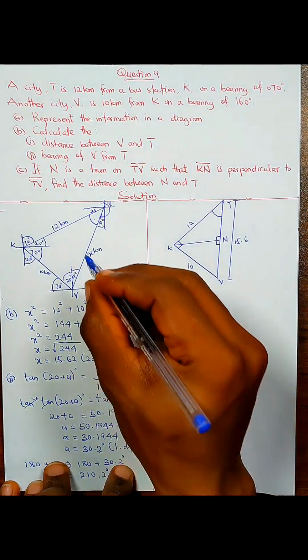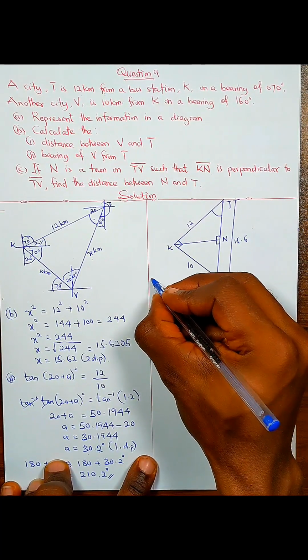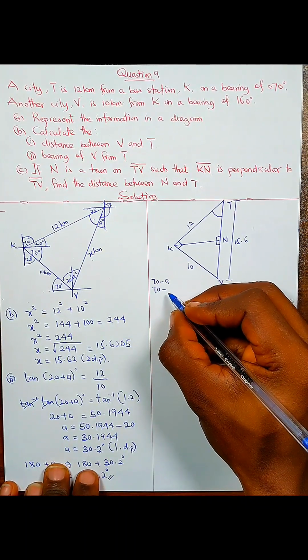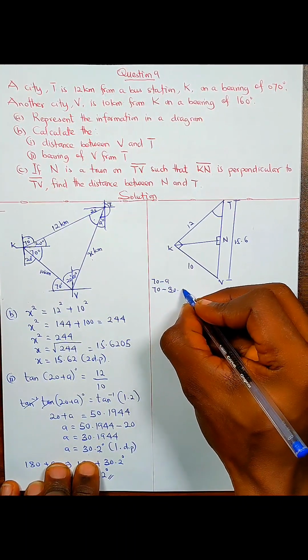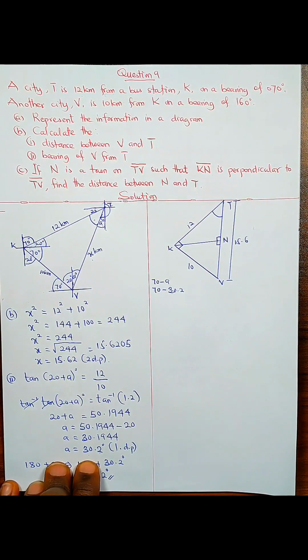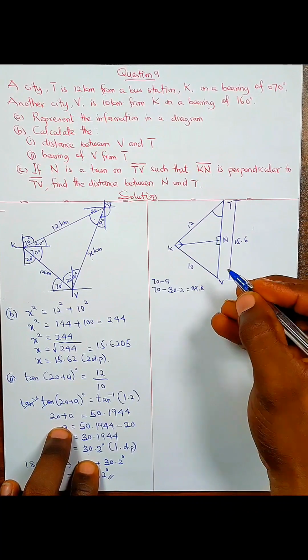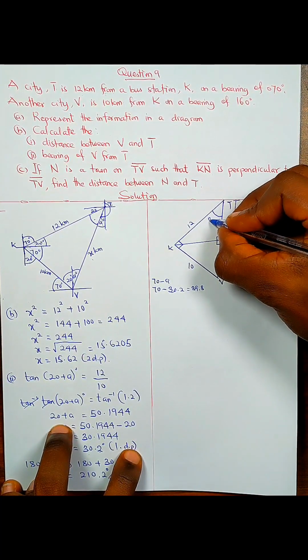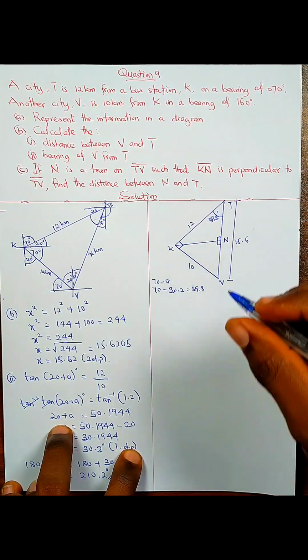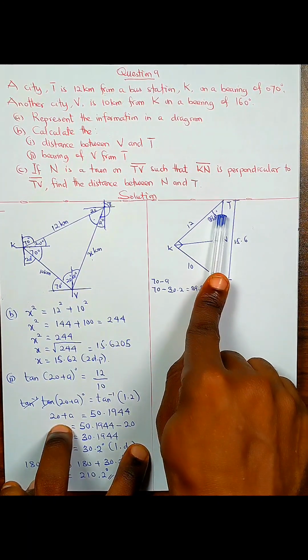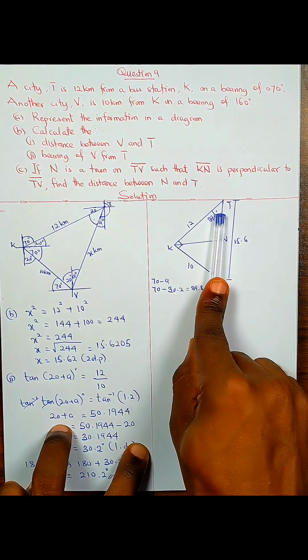Okay, so we'll do that here. 70 minus A, and then A was giving us 30.2. So 70 minus 30.2 is giving us 39.8. So it means this angle is 39.8 degrees.